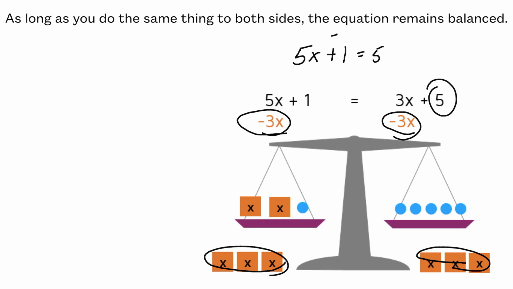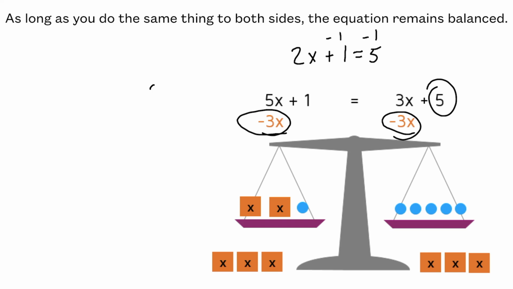I'm sorry, it should not be 5x, it should be 2x. I apologize. 2x plus 1 is equal to 5. And we subtract 1 from both sides, and we're going to get 2x is equal to 4.